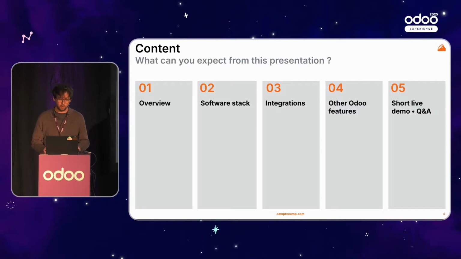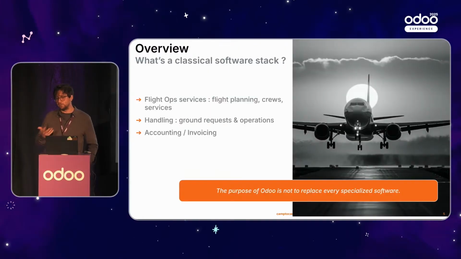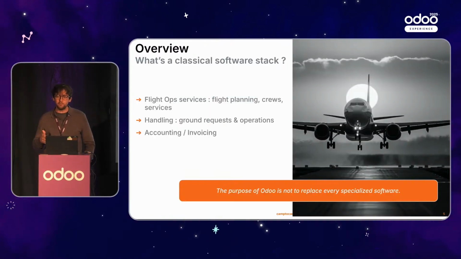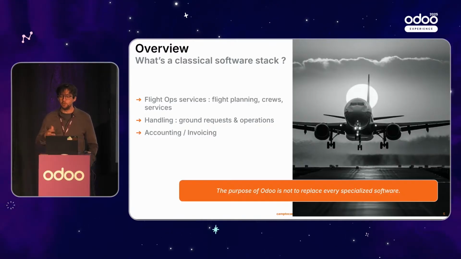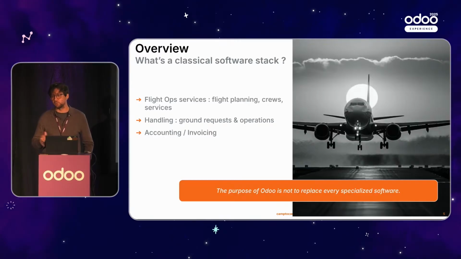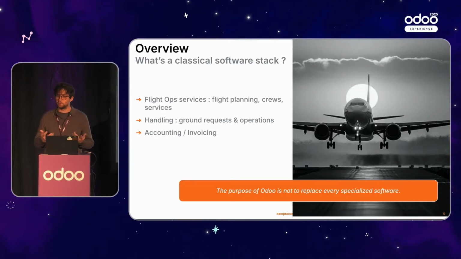So, a small overview. If you are in the plane industry, there is a very high percentage chance that you are using industry software. In Europe, and also in Switzerland, you're going to use two kinds of software.